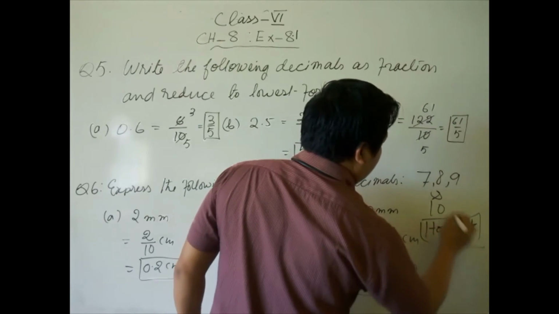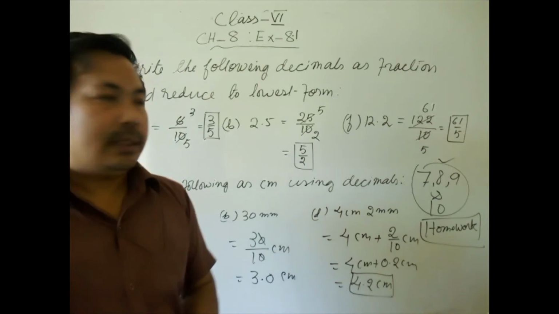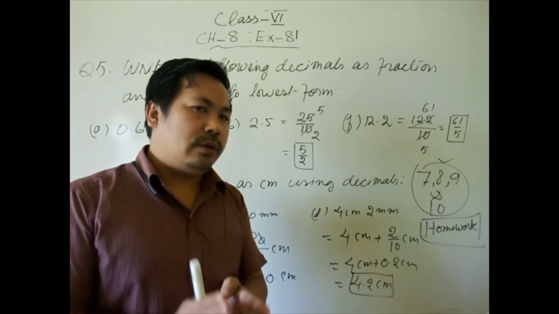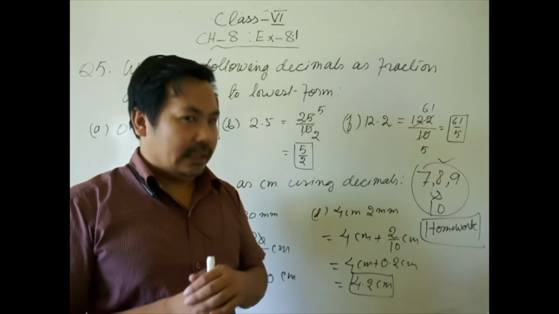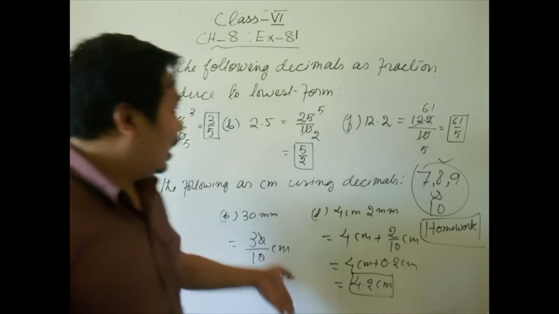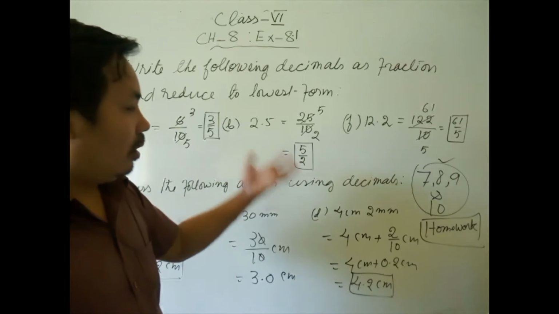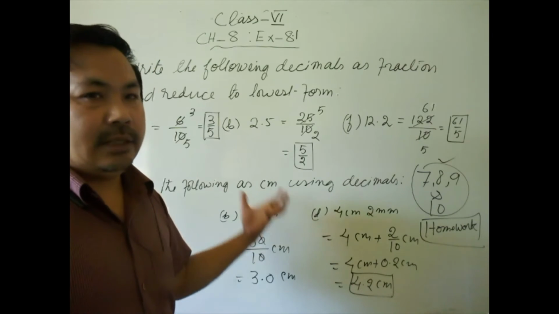Okay, this question as homework means to do this question. Show me that you are doing. You can do. Okay, if you are not able to do, please inform me and let me know. Now, you are having the questions from here, you are having examples or solved answers here. So look at these answers and try to do it.